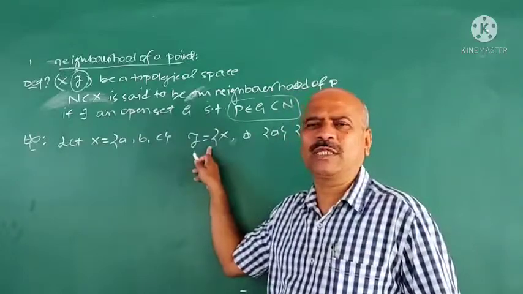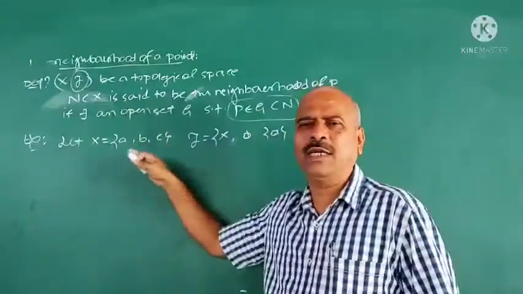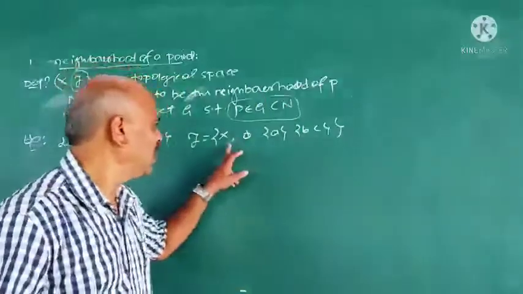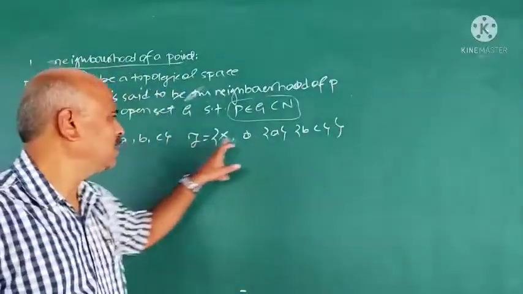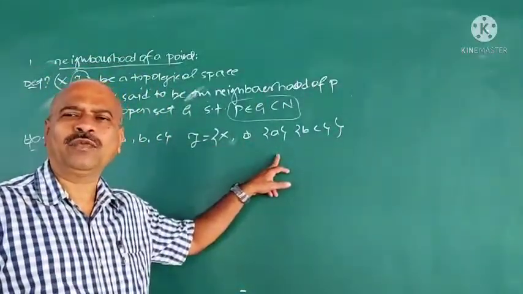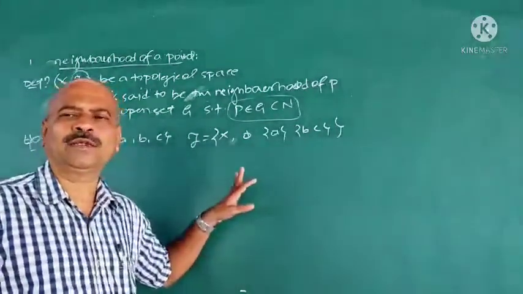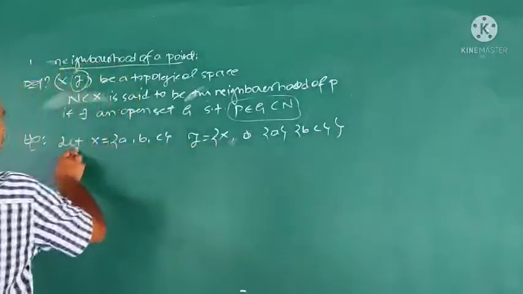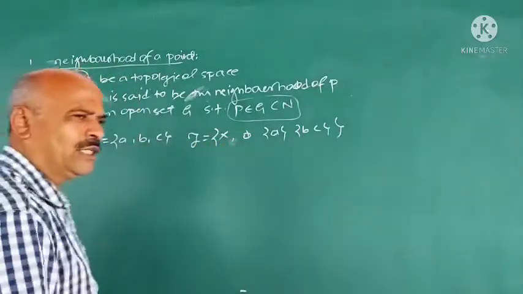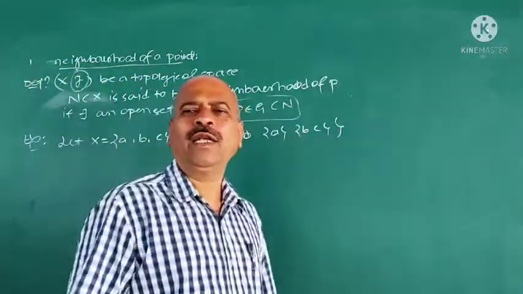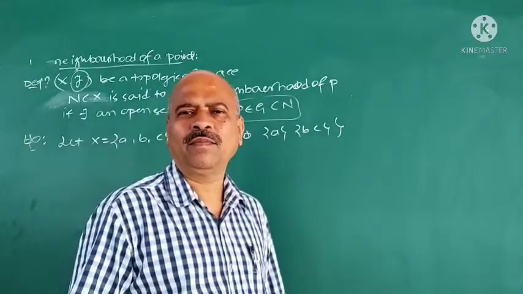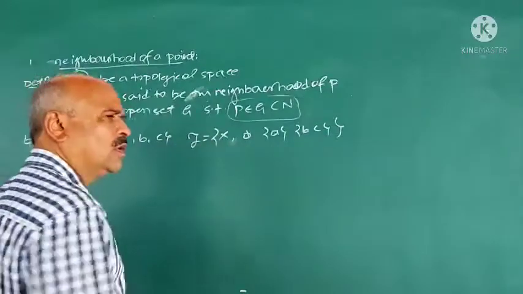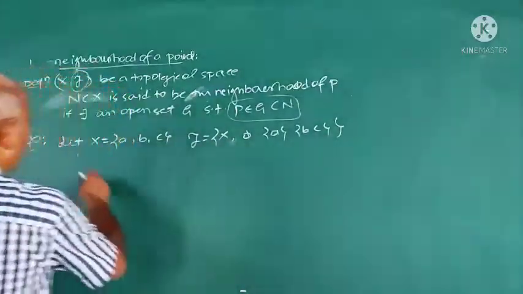In every problem I will not verify whether it is a topology, but I know this is a topology, so your verification is left to you. How to verify? You have to verify 4 axioms. Say I have taken one topology tau on X here. How many topologies on 3 symbols are possible? 29 topologies are possible. You can verify those topologies, including 2 trivial topologies.